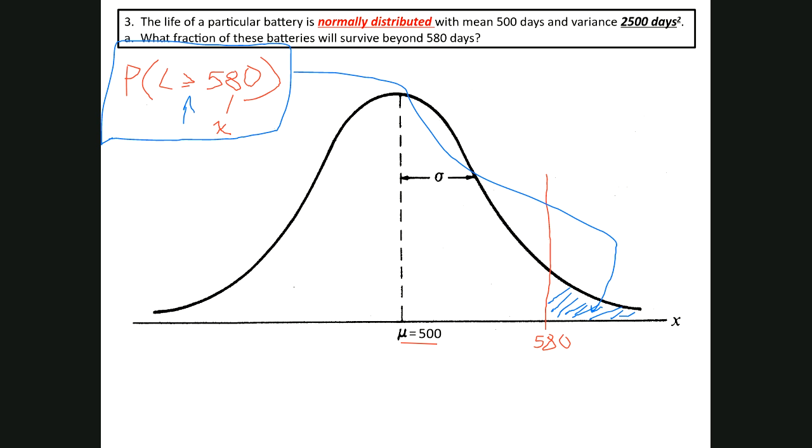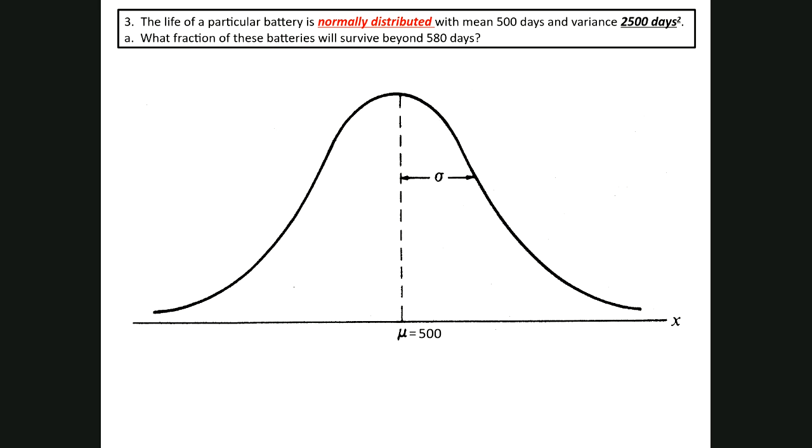Okay, so how are we going to do that? Well, you can use your calculator, but what we're going to do is use our Z transformation. We're going to calculate the value of Z for this particular situation. All right, and so we know that Z equals X minus mu over the standard deviation.